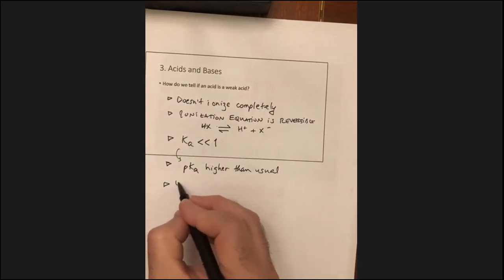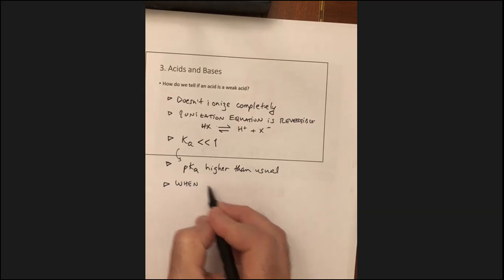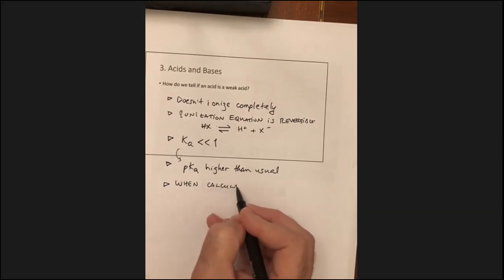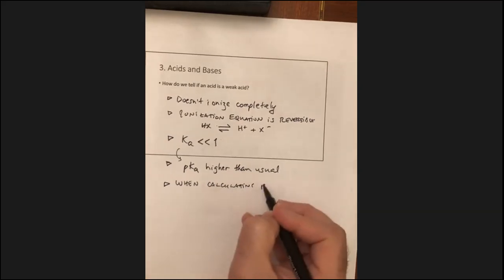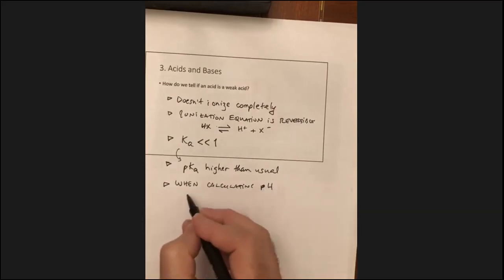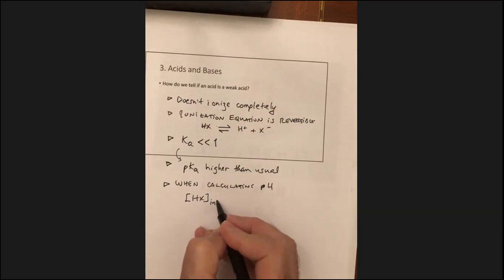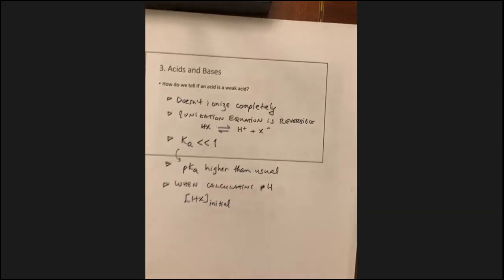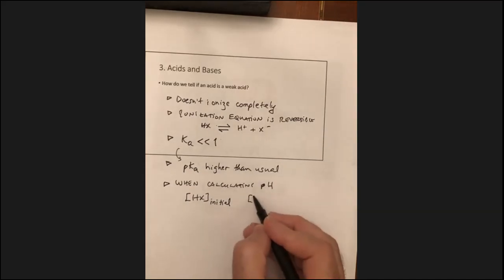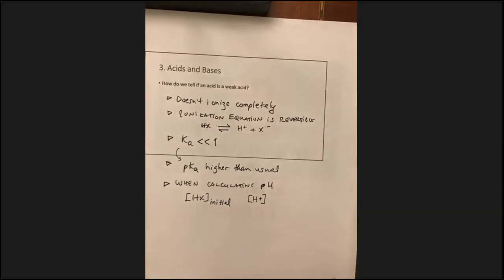What about when you calculate pH? With a strong acid, we just look at the initial concentration of the acid. Let's say nitric acid, if it's 0.1 molar, then what would be the hydrogen ion concentration? 0.1 molar, right? But in a weak acid, what happens?